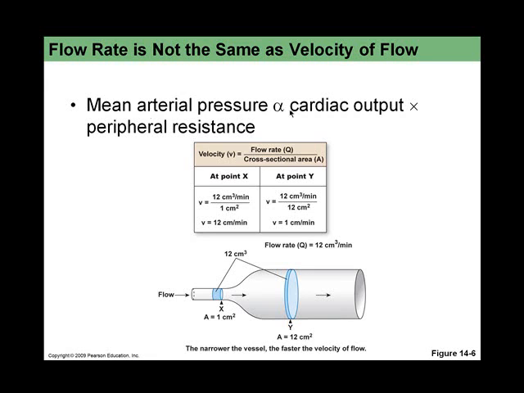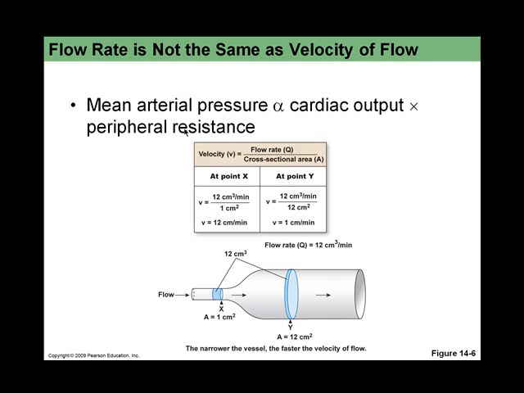Mean arterial pressure is directly proportional to cardiac output, and it is also directly proportional to peripheral resistance. If we separated these out and asked what's the relationship of MAP to CO and to PR as two separate equations, we'd have one that says MAP is directly proportional to CO, and another, MAP is directly proportional to PR.